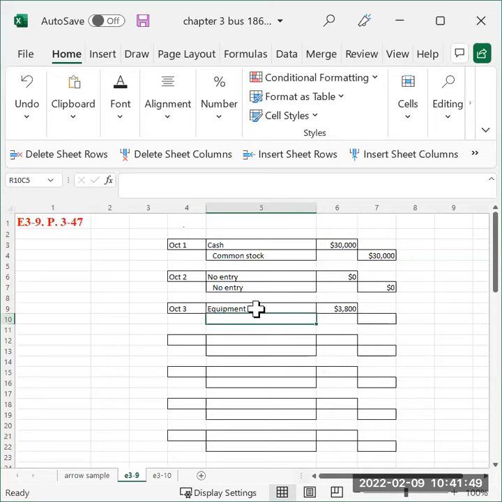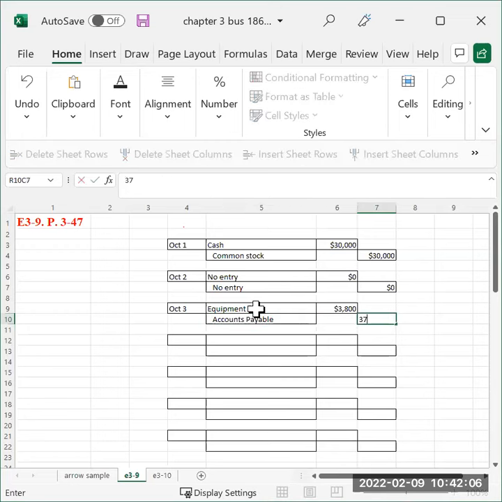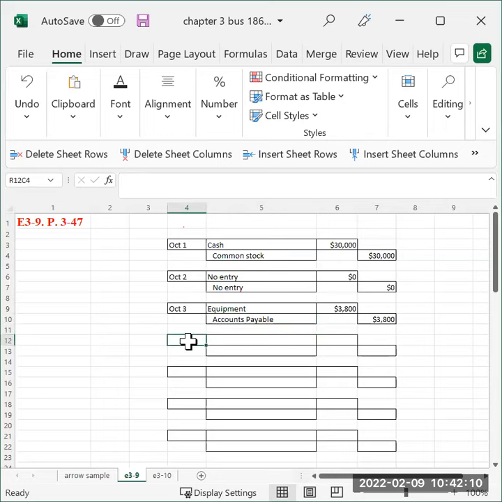We're buying the equipment. So we bought it on account, which means we have a liability, accounts payable. Liabilities have a credit balance. So to make it go up, we are going to credit it. So the account is accounts payable, and we're going to credit it $3,800. Now we're going to go to the next one.